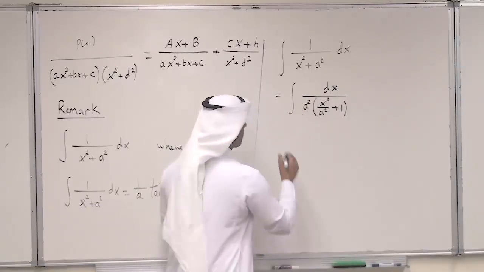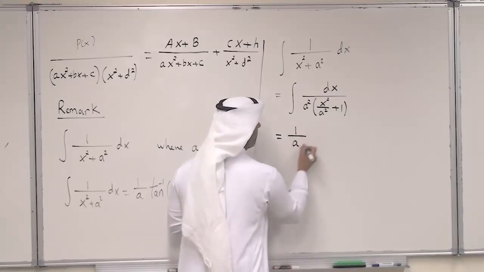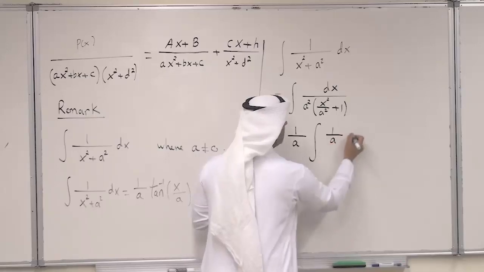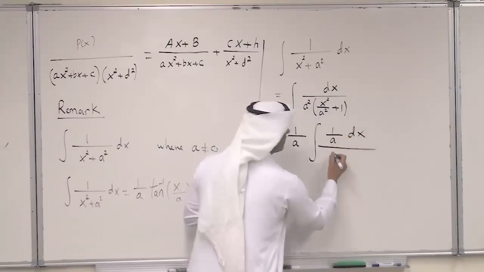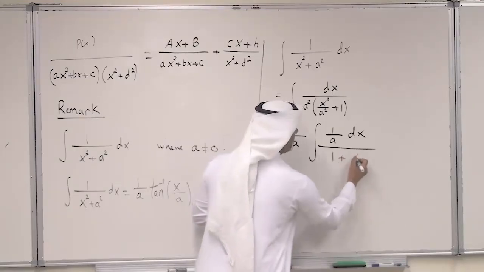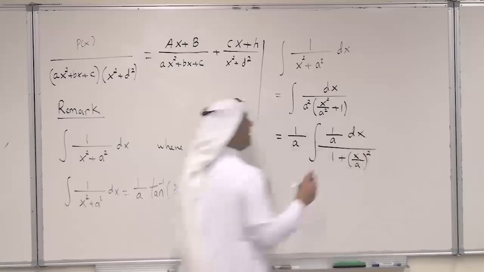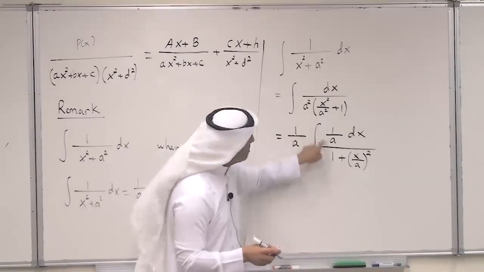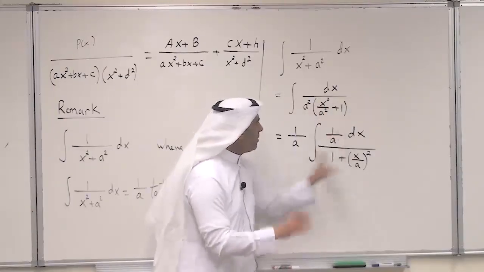Now what I will do, I will rewrite this one as this. Look, 1 over a integral of 1 over a dx divided by, I will rewrite this one as 1 plus x over a all squared. Okay, what I did here, 1 over a squared, I wrote it as 1 over a times 1 over a. That's it. And I just reorder this, x over a all squared, etc.